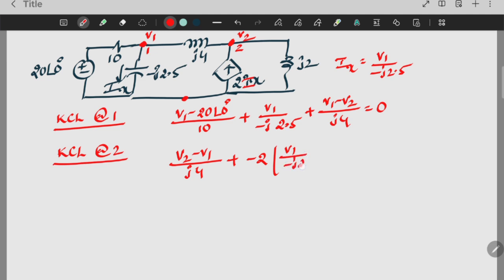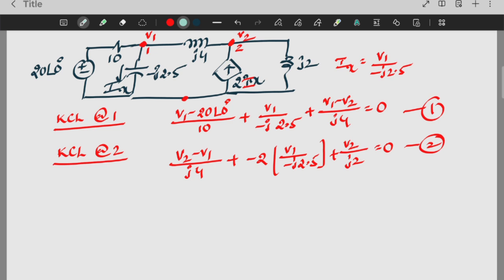V1 by minus j 2.5. Then another branch is there, that is j2. Through that one, the leaving current will be V2 by j2, equal to 0. So this is equation 1 and this is equation 2. These two equations are available with two unknowns, V1 and V2. So simply you have to solve them.